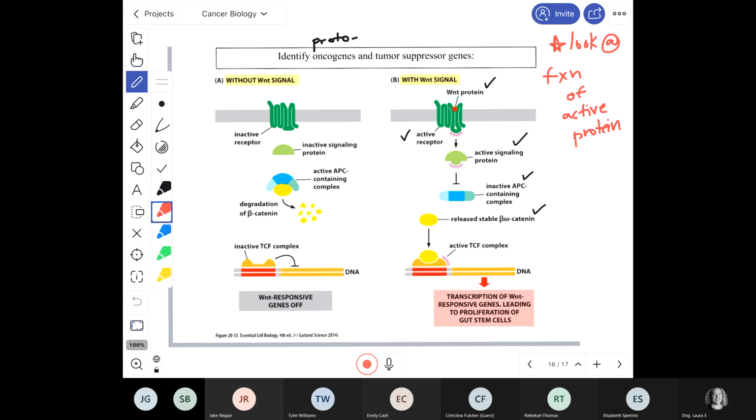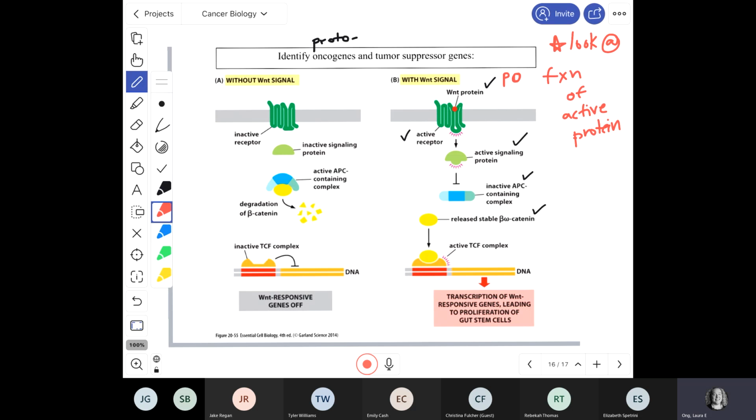So ask yourself, if that protein is around and doing its normal intact function, is it pushing the gas or is it pushing the brake? In this case, when Wnt is around, it is promoting cell division. So Wnt itself is a proto-oncogene.